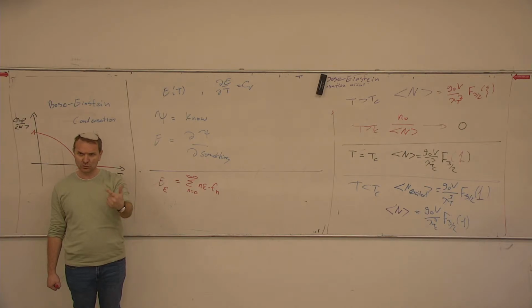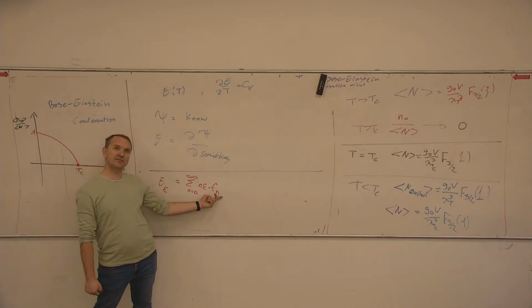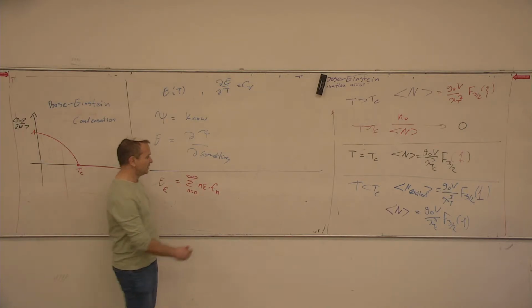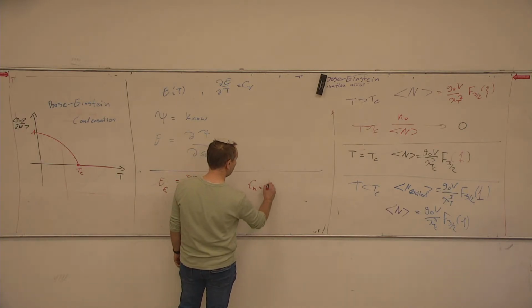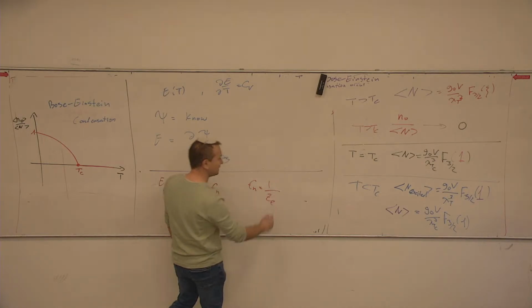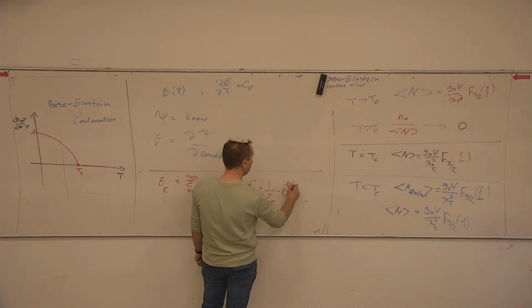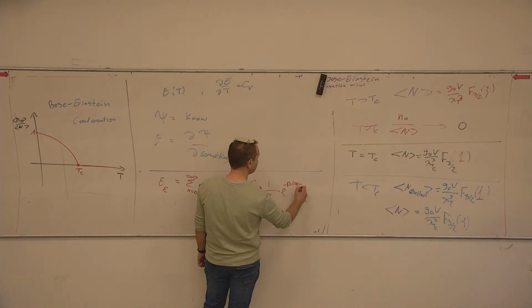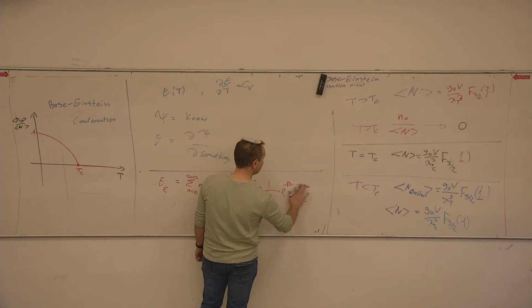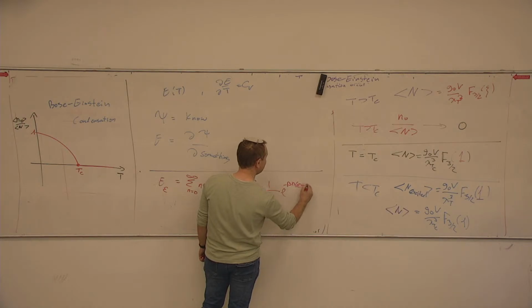There are 2 particles, 2 epsilons. Since it's an average, I have to modify it by the appropriate probabilities, where f of n, remind you, is 1 over zeta of epsilon, e to the power minus beta n epsilon minus n mu. So let's take it out: beta n times epsilon minus mu.